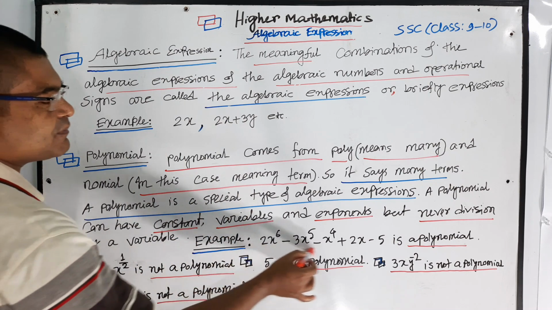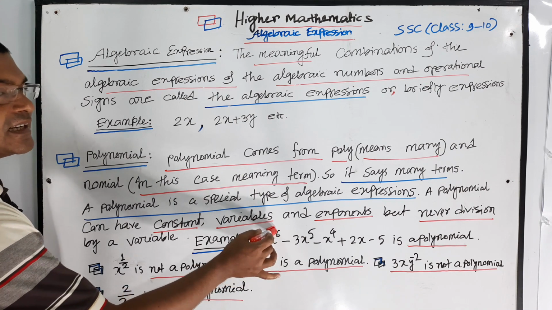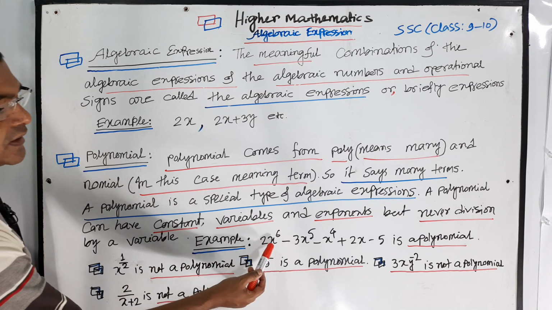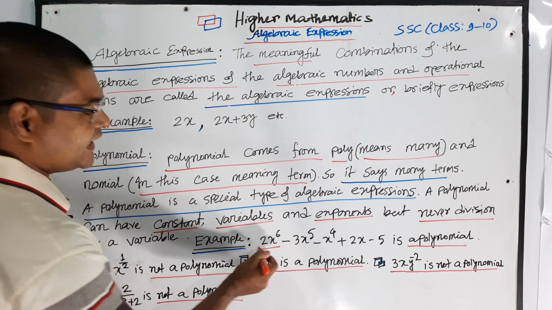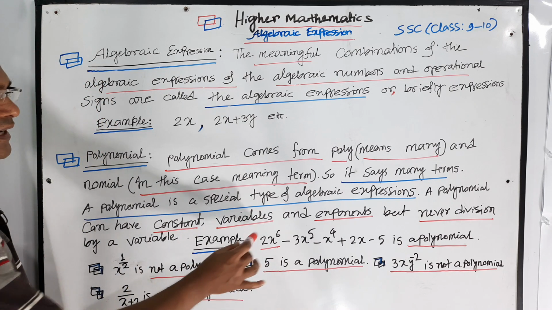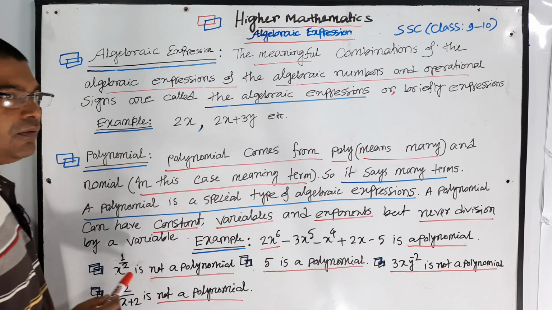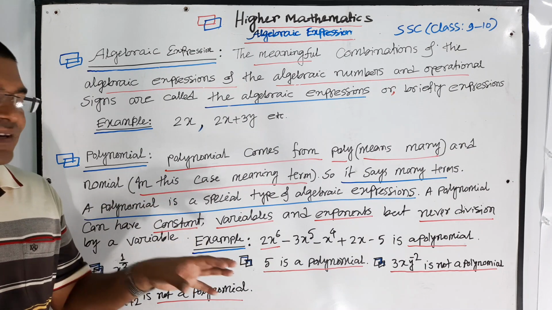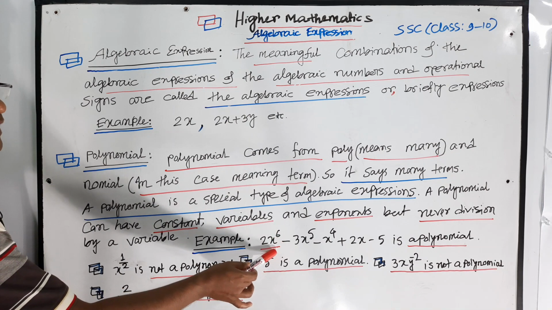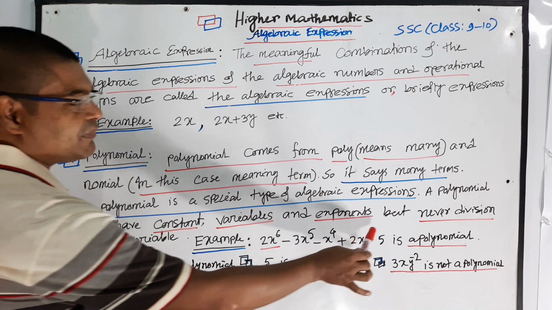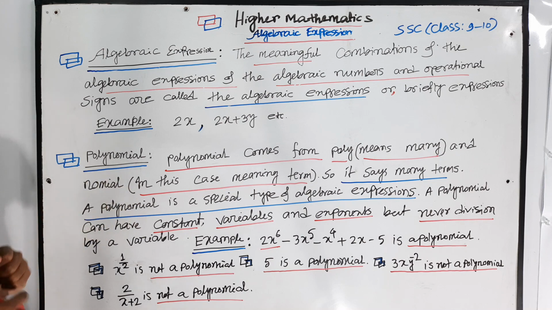In this polynomial, the power is 6, so its degree is 6. 2x to the power 6 is the leading term, because here is x to the power 6, x to the power 5, x to the power 4, and here is x to the power 1. So the highest power is the leading term. So x to the power 6 is the leading term, 2 is the leading coefficient, and 5 is the constant.